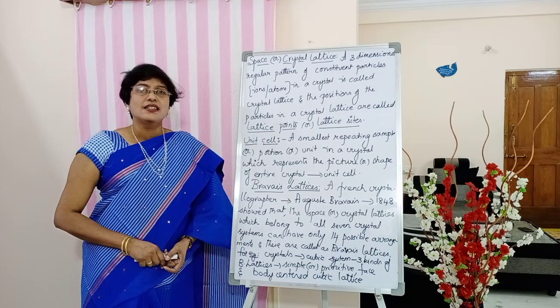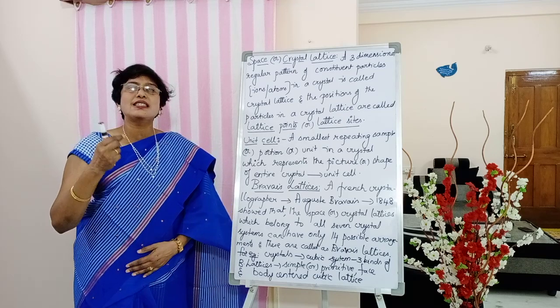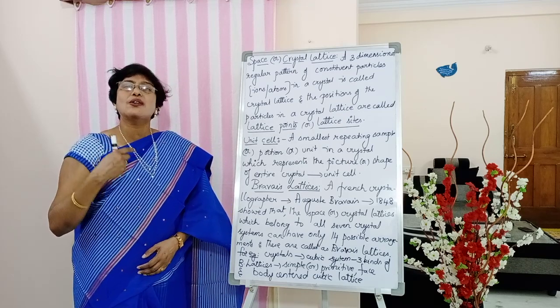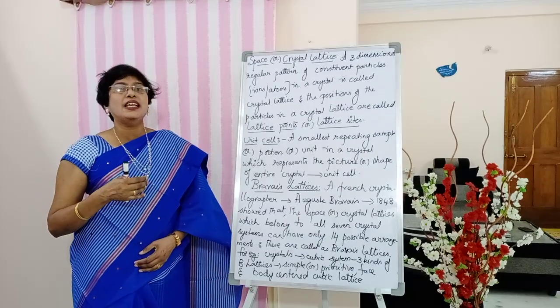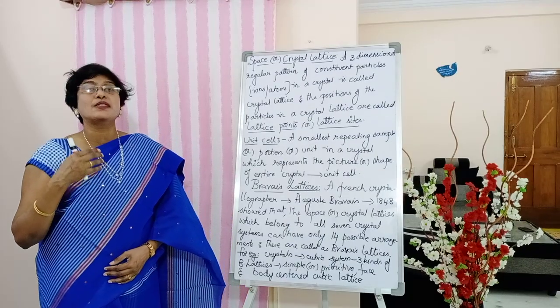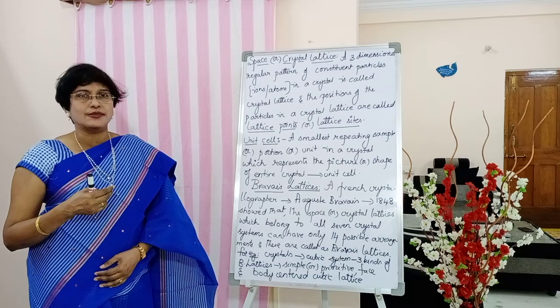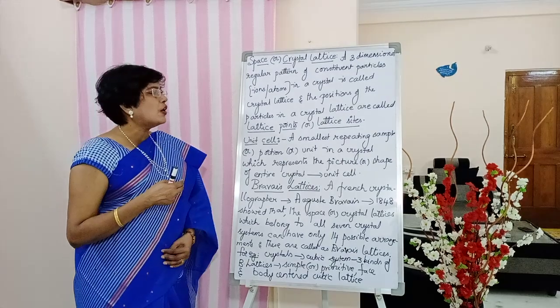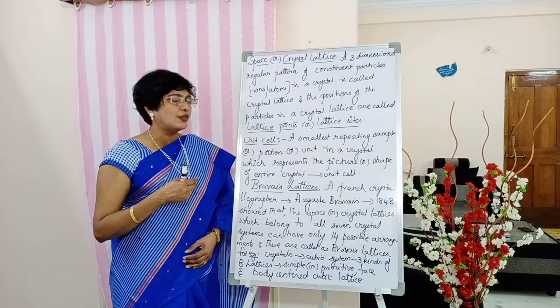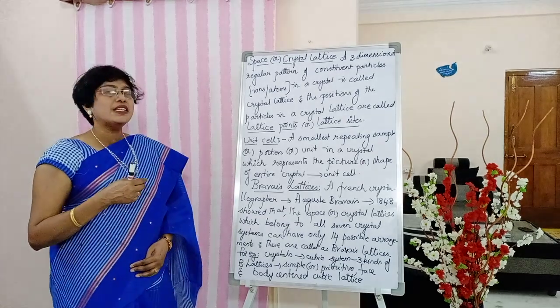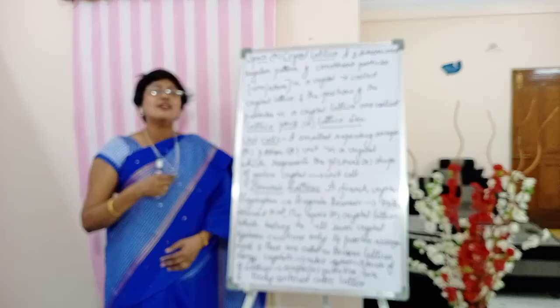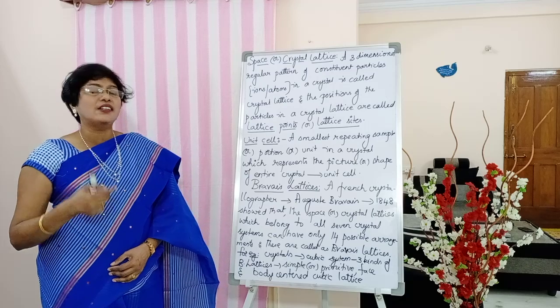Unit cell. Students, unit cell means the smallest portion which on repetition forms the entire crystal structure. A smaller repeating sample or portion or unit in a crystal which represents the picture or shape of the entire crystal.